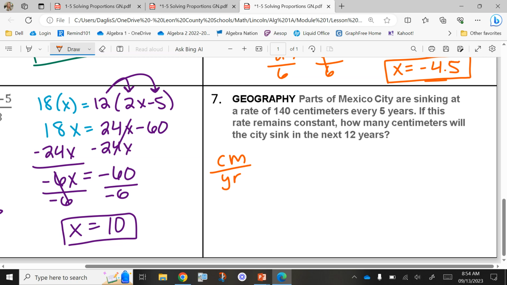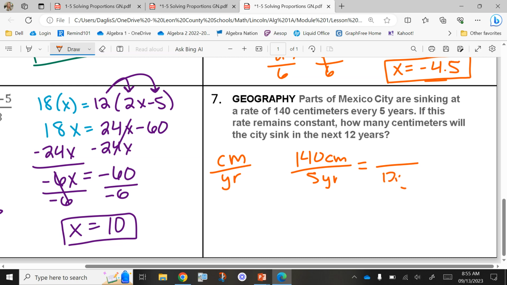Does that make sense? How to develop our ratio to know just where to put what. Okay. So the rate is 140 centimeters every 5 years. That's our first ratio. Okay. So we know it's 140 centimeters every 5 years. So if that rate is the same every single time, then how much is it going to be in 12 years?